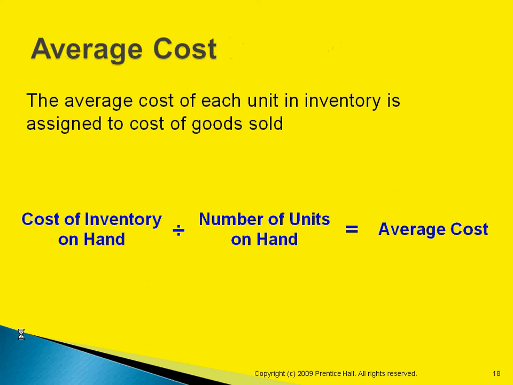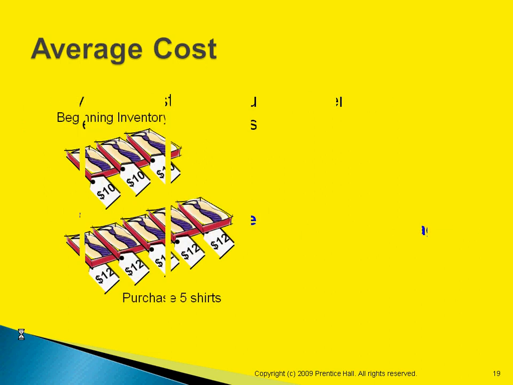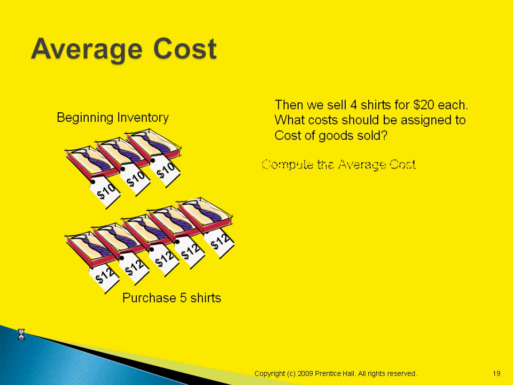Slide 13. The average cost method is whereby we take all of the inventory costs, add them up, and divide it by the inventory on hand. We add up the total inventory and divide it by the number of units to come up with the average cost. Sticking with our shirt example, we take our beginning inventory of 3 shirts at $10, add the 5 shirts at $12 together.